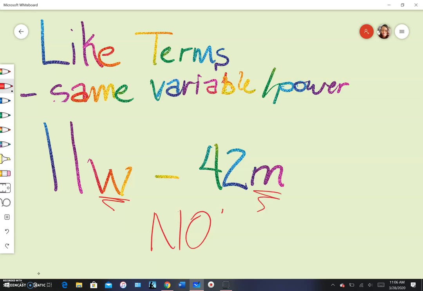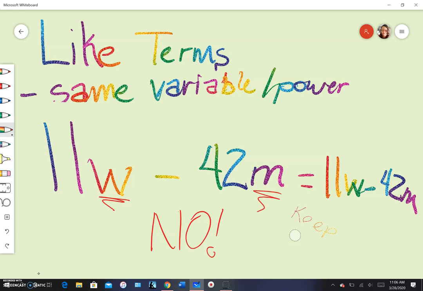No. So my variables are not the same. I cannot do anything with the problem, so it actually stays the same. So this is like saying I have 11 watermelons, and from those 11 watermelons I want to take away 42 mangoes, but I don't have any mangoes to take away. So when those variables are different, we keep it the same. Okay.